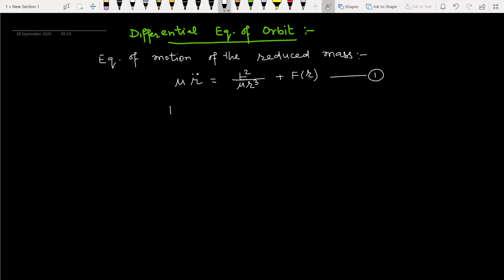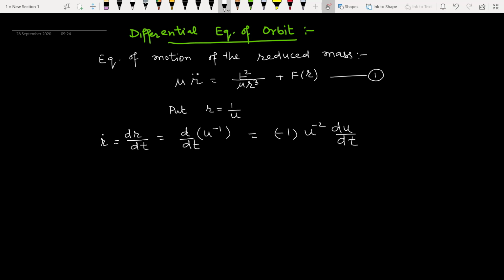For that we put r is equal to 1 by u. So dr upon dt, which is r dot, is equal to d upon dt of u raised to power minus 1, because r is equal to 1 by u. So it is minus 1 u minus 2 du by dt.